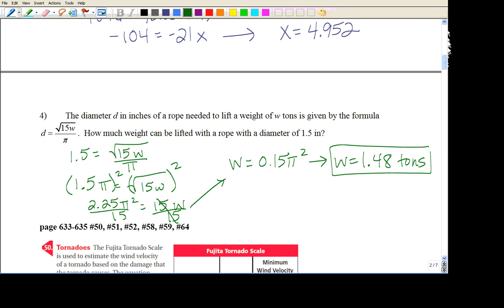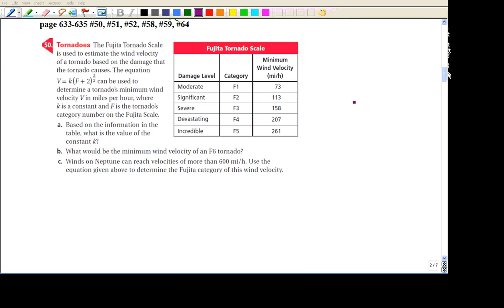Okay, so that's the end of the worksheet part of this. And then at the end of the worksheet that you'll get, you'll see that there will be 3 sections of book pages. Here's the first one, and I'm going to work these 6 problems with you for some additional examples. Okay, so we're given a table of values here that describe the damage level, category number, and the minimum wind velocity of tornadoes and how we can categorize them.